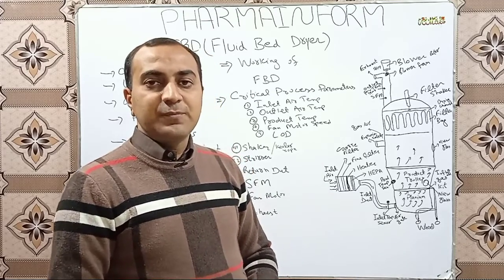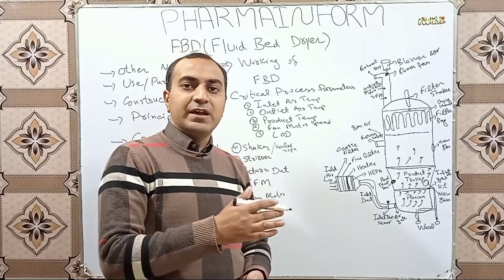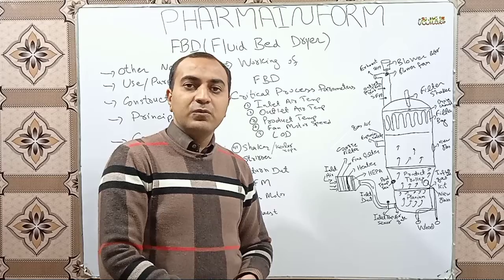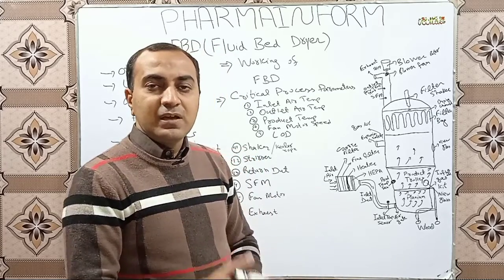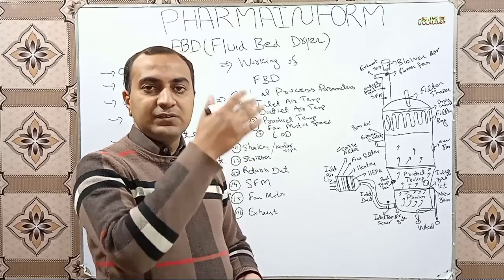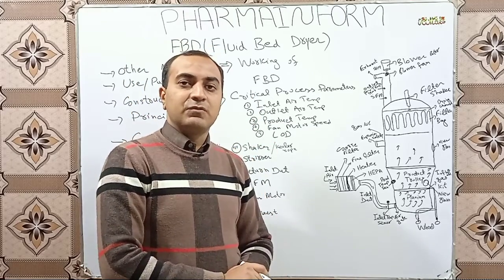So this carrying capacity should always be greater than the velocity at which particles fall down. When we maintain this balance, carrying capacity greater than the settling velocity, the resultant effect is fluidization.